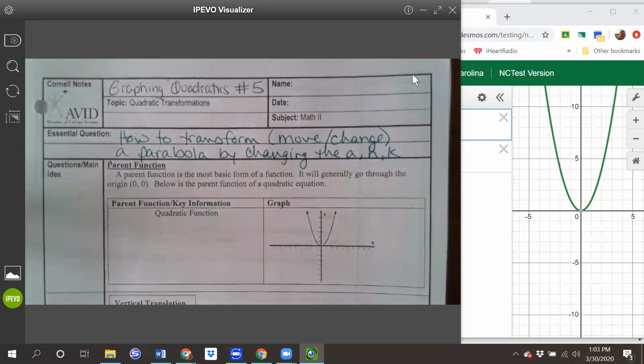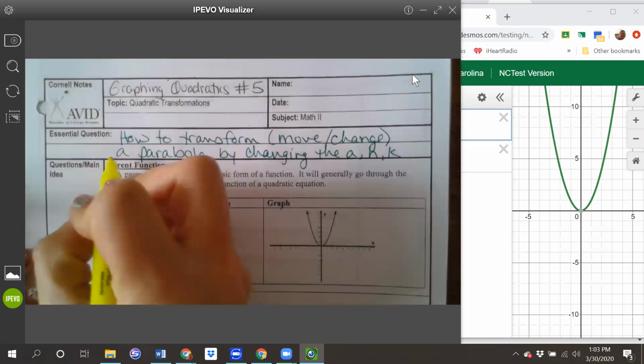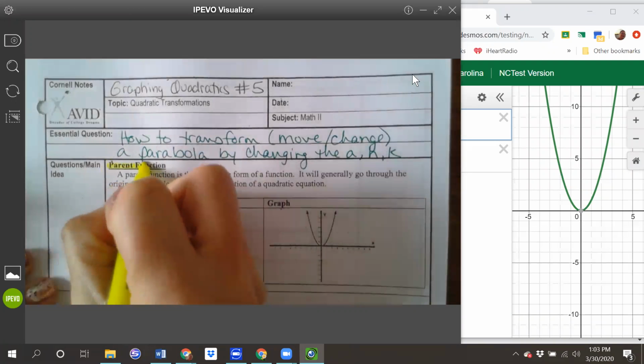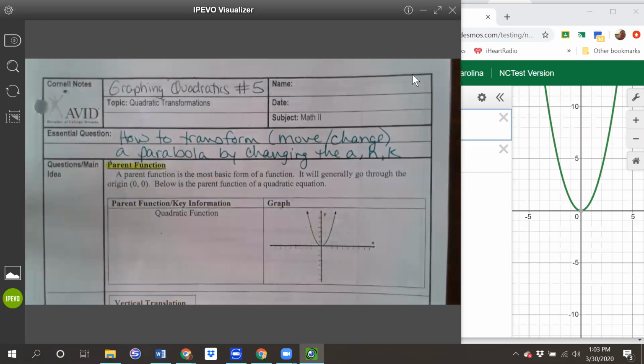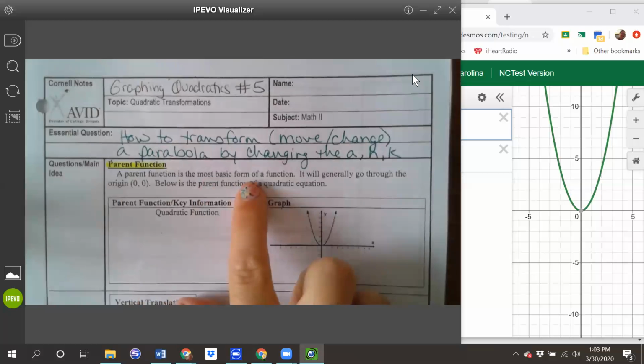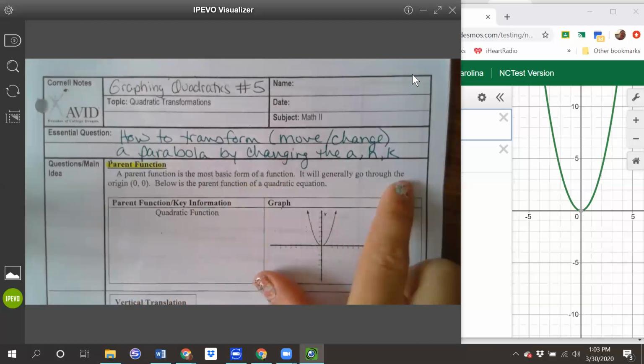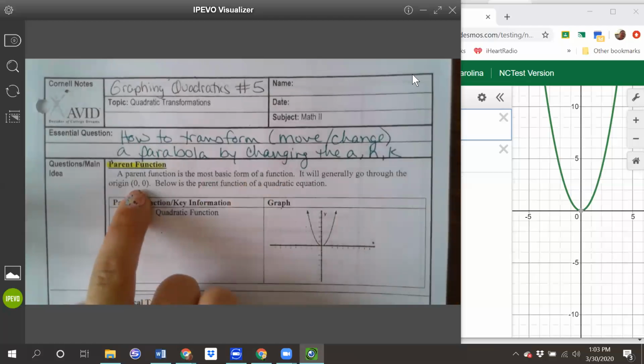When we graph the most basic quadratic equation, we call it a parent function. A parent function is the most basic form of a function. It will generally go through the origin (0, 0).